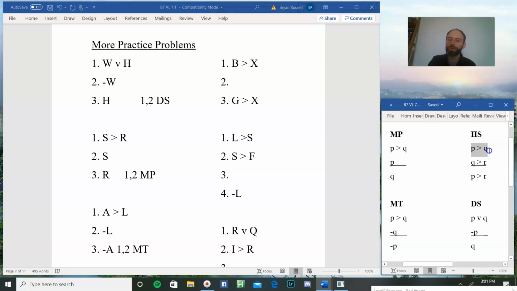When you have P horseshoe Q and when you have Q horseshoe R, what HS lets us do is drop the thing that's the same and carry down the things that are different, the P and the R. So we're dropping the Q's, the similar things, and carrying straight down the P to the P down here and the R to the R down here, dropping the Q. All right, so what do we need here?